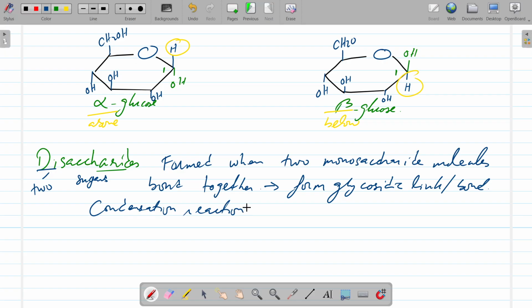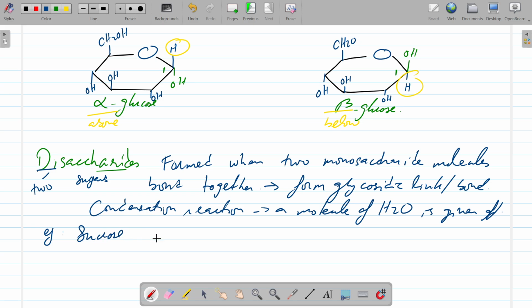So a bond is being formed, and so a molecule, water, is given off. An example is sucrose.